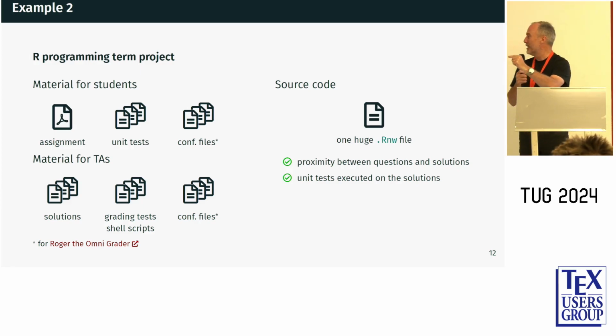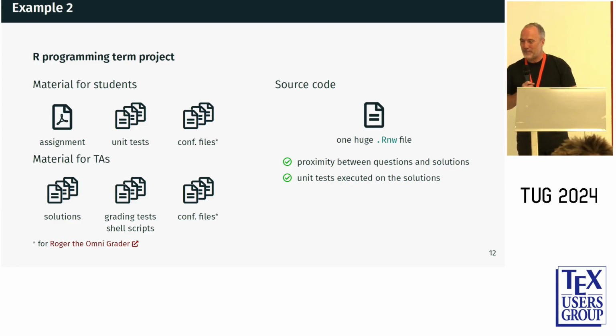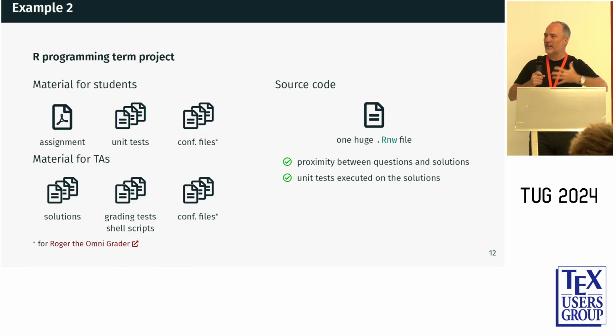Because the solution works, it passes all the unit tests. So the really crucial point here is to ask the correct question, basically. Okay? So each and every time that I compile the document, I'm quite confident that I have material that is consistent, that it works together.